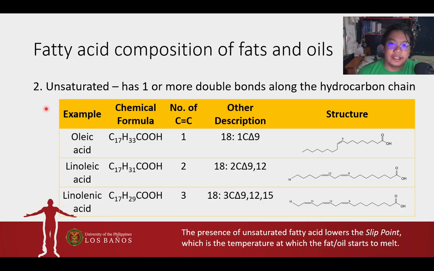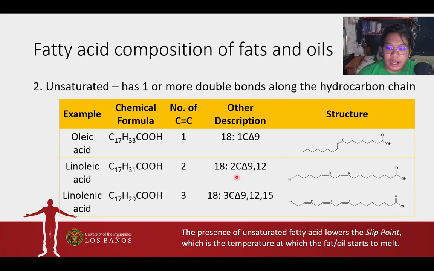Then, we have unsaturated, meaning there is at least one unsaturation present in the hydrocarbon chain. By unsaturation, it means you have a double bond. Okay? So, how do we name this? We have other descriptions as you can see here. The 18 means there are 18 carbons present in your oil. Okay? Then, after the colon, the number represents the number of unsaturations. Here you have one unsaturation, because you have one double bond.